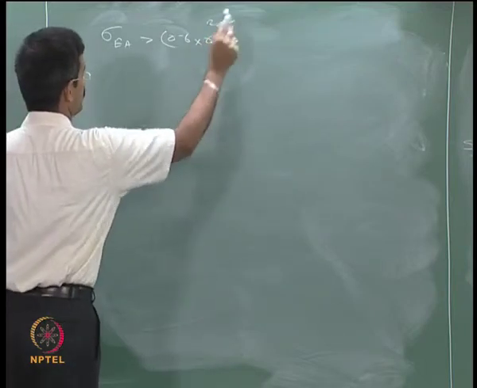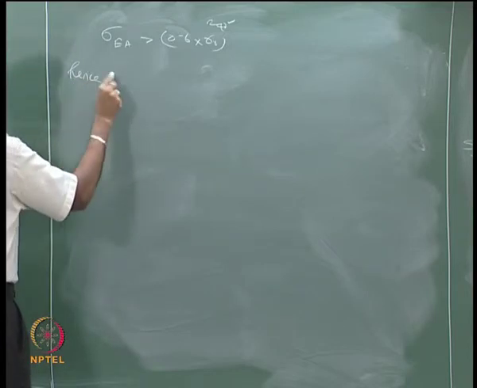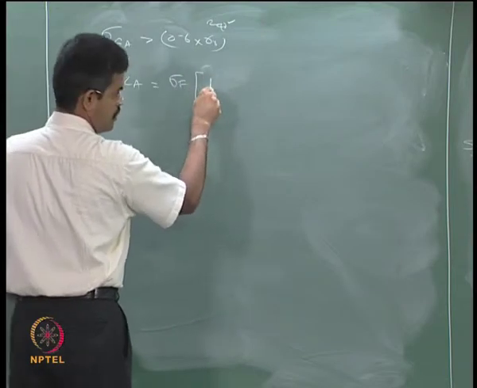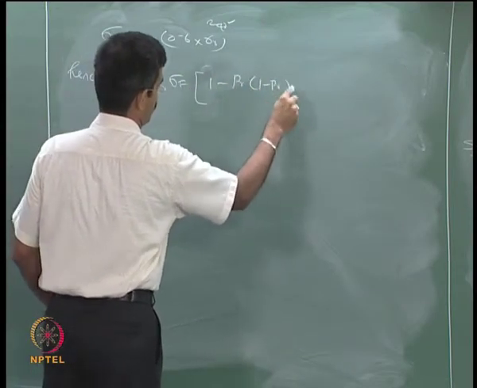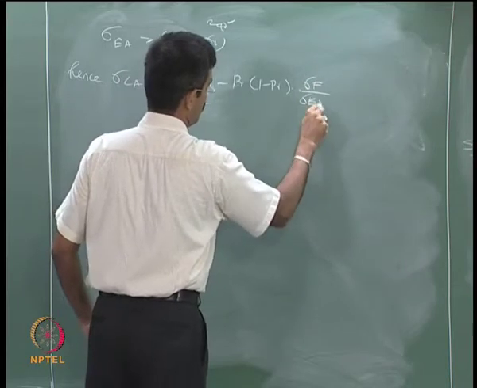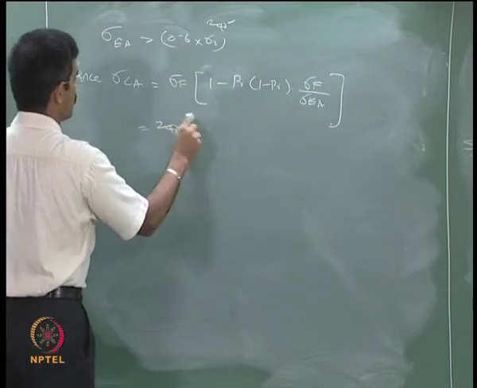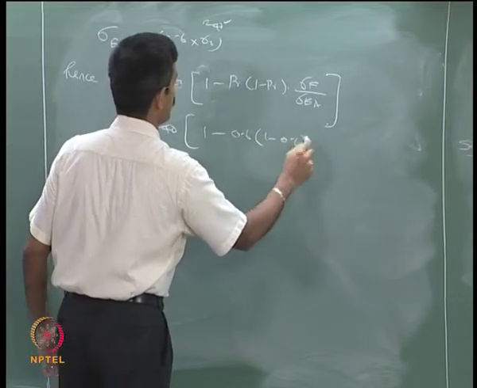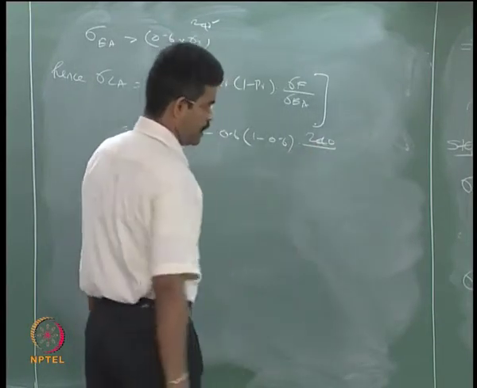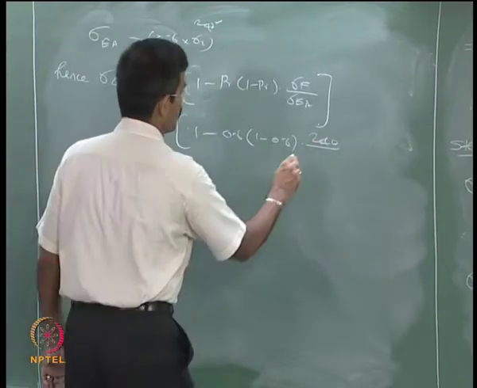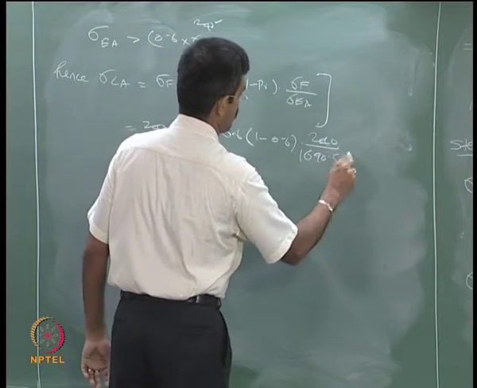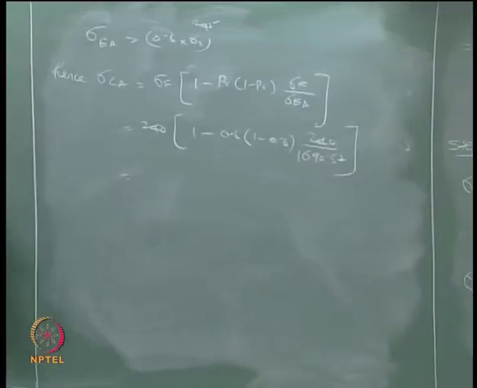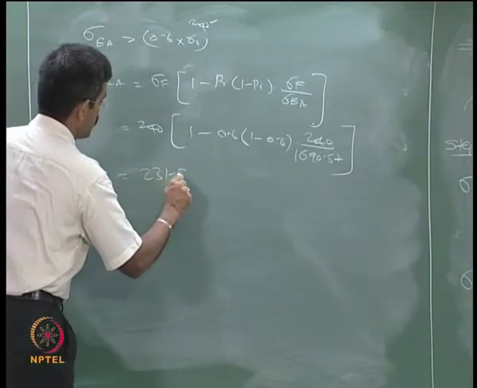Sigma naught is 240, hence sigma Ca is given by the second equation, sigma F of 1 minus Pr of 1 minus Pr of sigma F by sigma Ea, substituting 240 of 1 minus 0.6 of 1 minus 0.6 of 240 by 1690.57, which I get as 231.82.